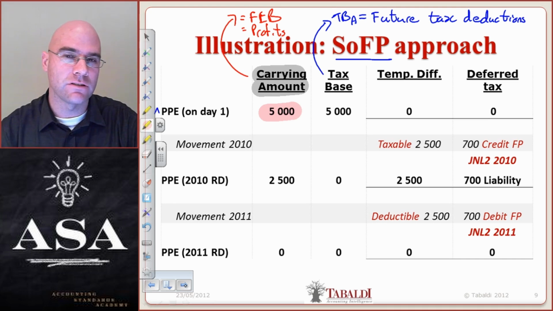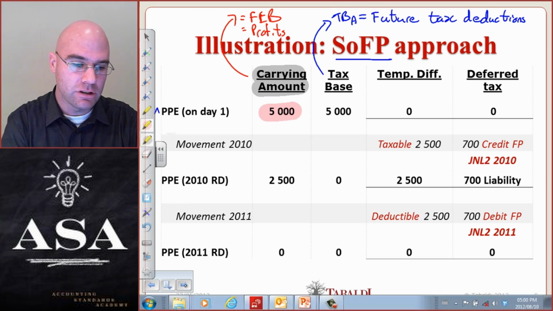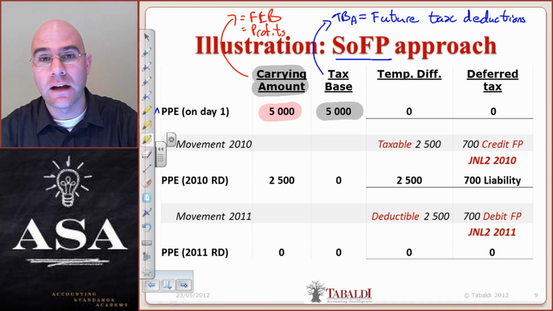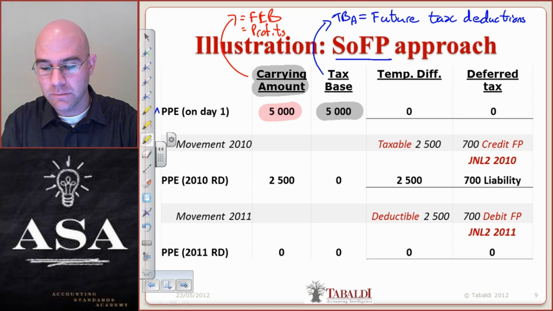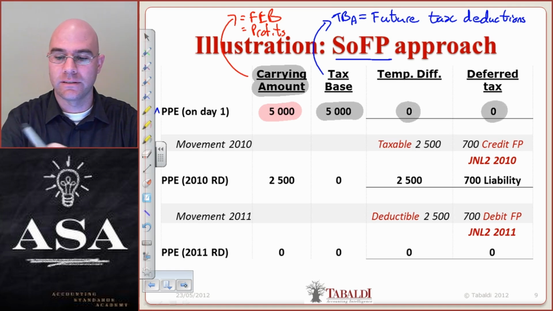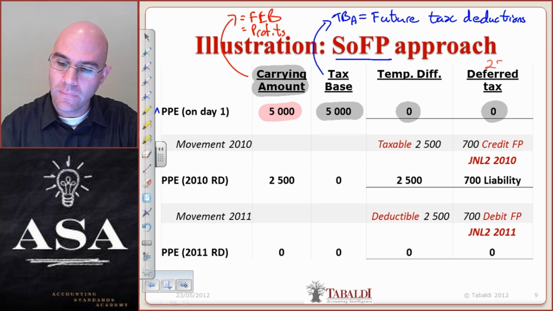We wouldn't have paid 5,000 Rand if we didn't expect to at least get 5,000 Rand out in the future. Well, the tax base at this stage, we have not claimed any allowances yet, so that 5,000 Rand of future tax deductions is still fully intact as a 5,000 Rand deduction still to be claimed. Temporary difference on day 1, 0, times it by 28%, deferred tax, well, that gives me 0.